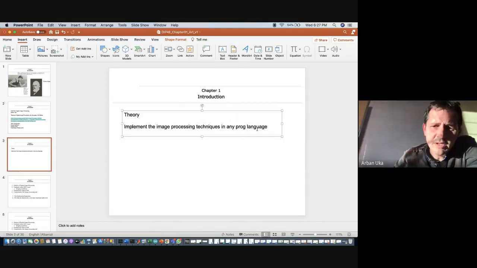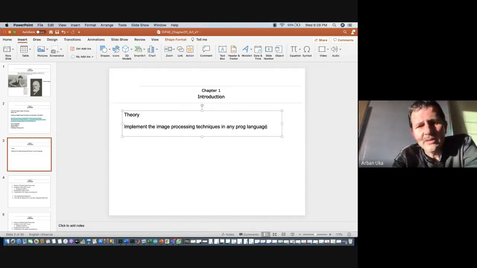So there is no constraint on using this programming language or another. So we'll try to focus a lot on implementing the solutions. And other than this, I don't have much new or general information beyond what we can get from the textbook itself.